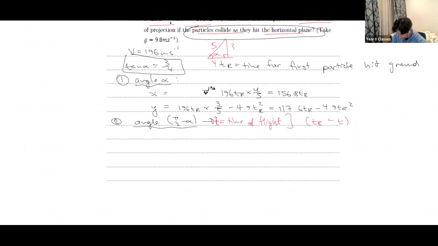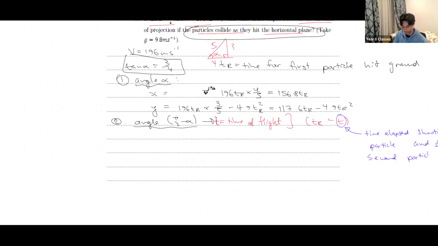This T is the time elapsed between shooting the first particle and shooting the second particle. Does that make sense?